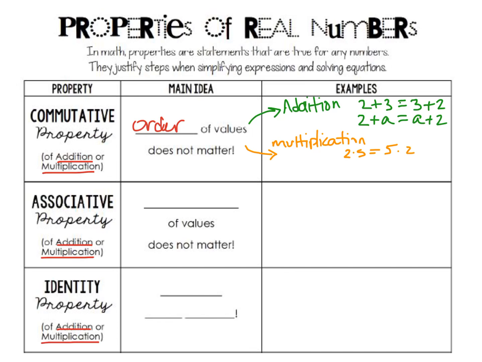I can also do this with variables. x times y is the same as y times x. If you have a question about the commutative property, stop this video and ask Miss Brown. Otherwise, we're going to go ahead and move on to grouping.